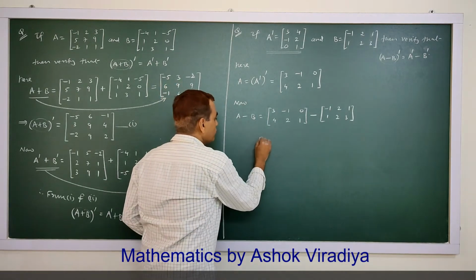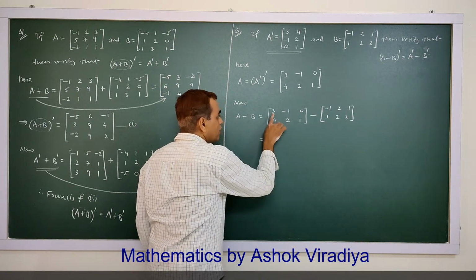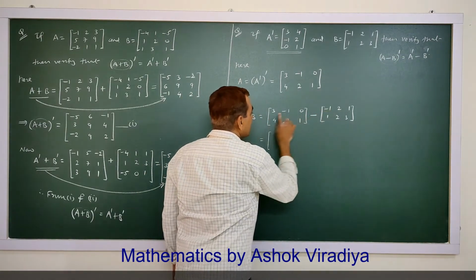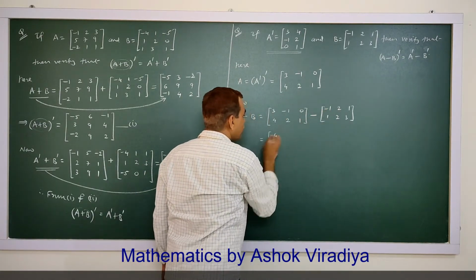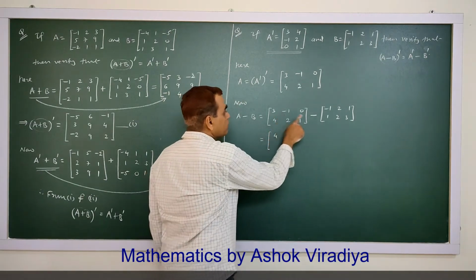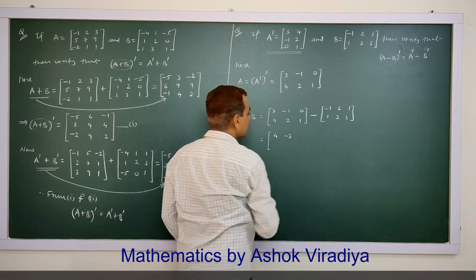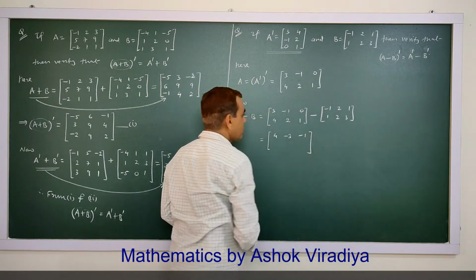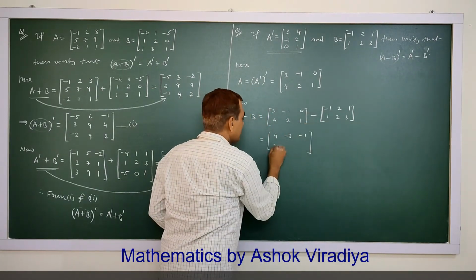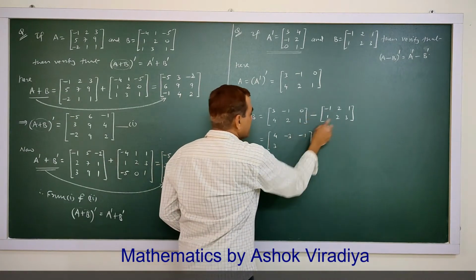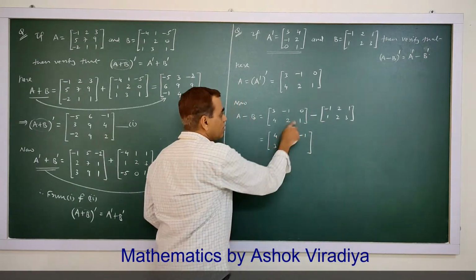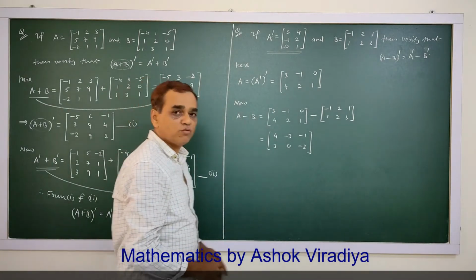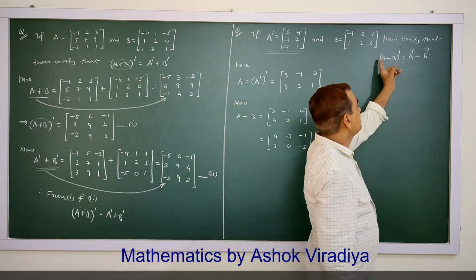So it is equal to, now the difference of this matrix: 3 minus minus 1, so it is 3 plus 1 is 4. Minus 1 minus 2 is minus 3. 0 minus 1 is minus 1. 4 minus 1 is 3. 2 minus 2 is 0. 1 minus 3 is minus 2. So we have found A minus B.